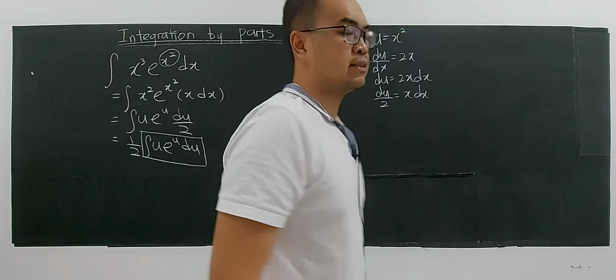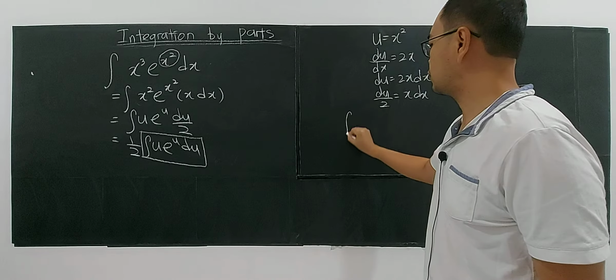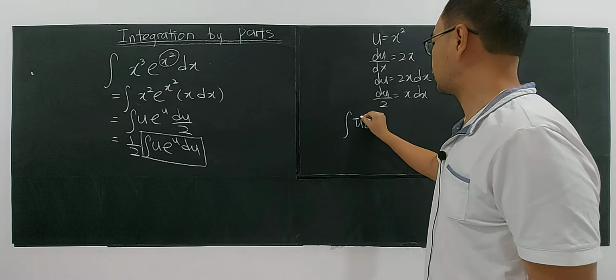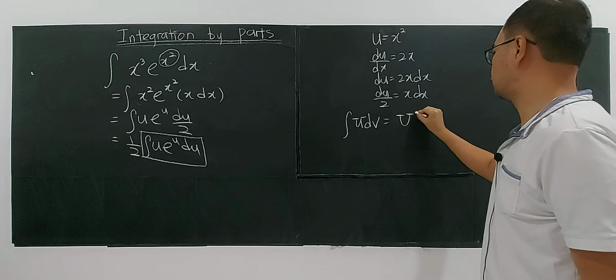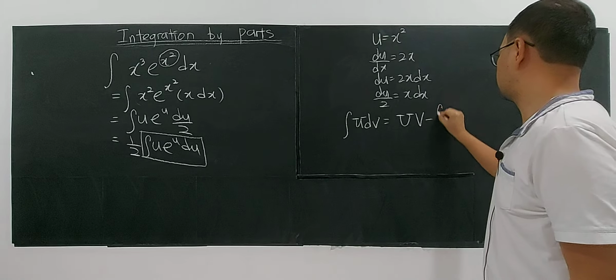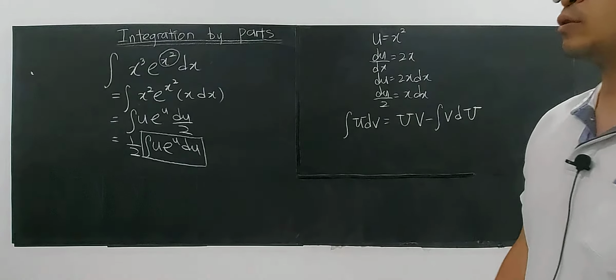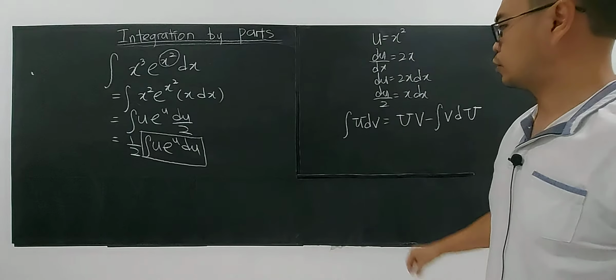Since there are many u's here, I'm going to use the formula of integration of capital U dv equals capital U v minus integral of v dU, so that you're not confused.